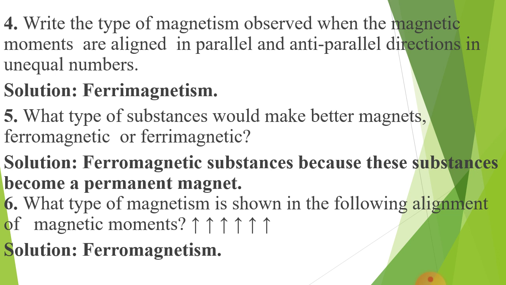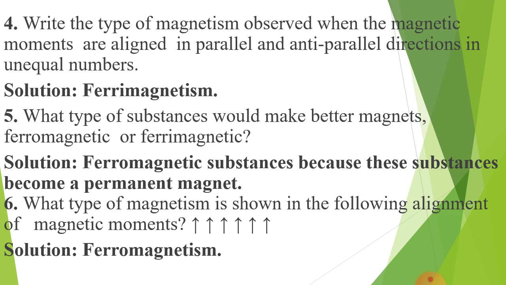So the answer is ferrimagnetism. Question number 5. What type of substance would make better magnets, ferromagnetic or ferrimagnetic? As you know that ferromagnetic is a permanent magnet. That's why the answer is ferromagnetic substance.